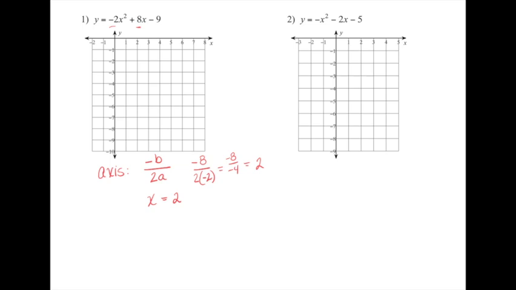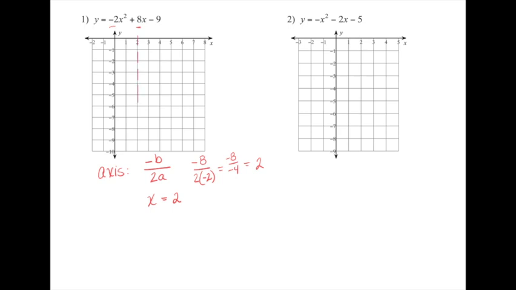-b over 2a. How do I graph my axis? My axis is always a vertical line at that number on the x-axis. So if I want to graph this, then I am going to go to +2 on my x-axis, and I am going to draw a vertical line. Vertical line. All right, now in this case, I am going to dash that line, because remember, this is not actually part of my graph.